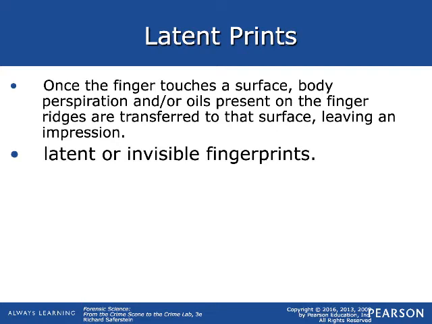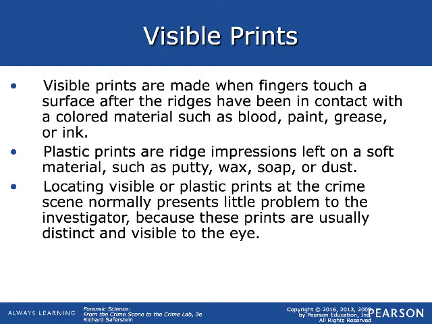Now latent prints. A latent print is an invisible fingerprint, left from the oils on the skin. Visible prints are ones that you can actually see. Visible prints happen if somebody had blood on their fingers or paint or grease or ink. So somehow they had something on their fingers and they put it down.